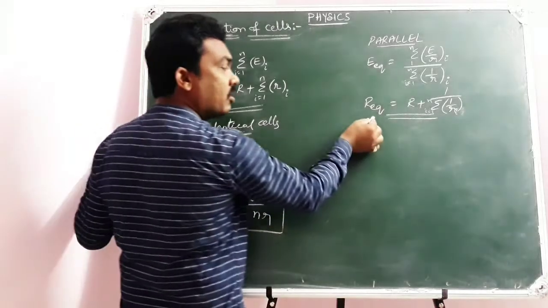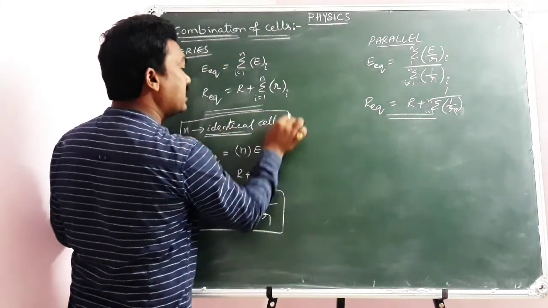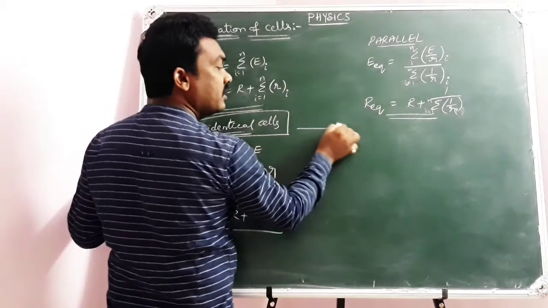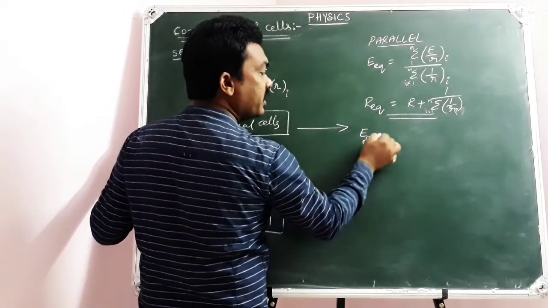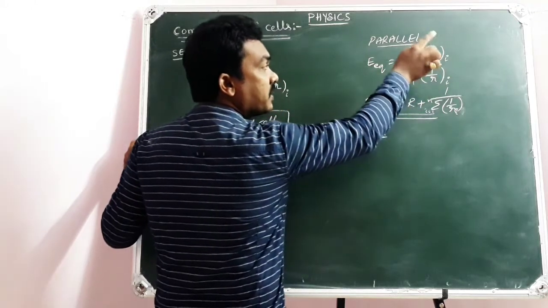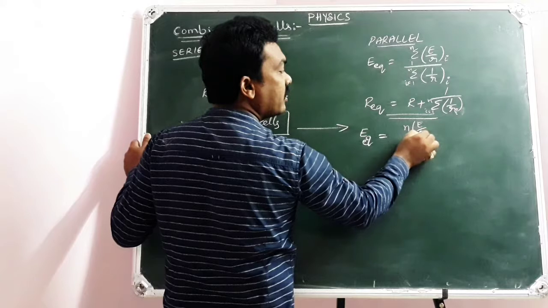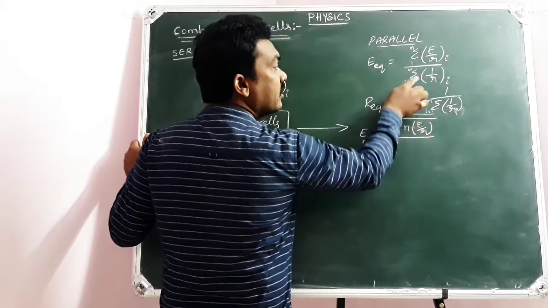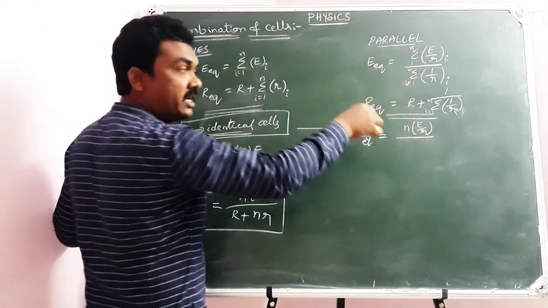Similarly, in parallel combination, if I have taken n identical cells in parallel, then equivalent EMF is going to be E by R plus E by R plus E by R, n times. So it's going to be n of E by R, divided by 1 by R plus 1 by R plus 1 by R, n times, because n identical cells.